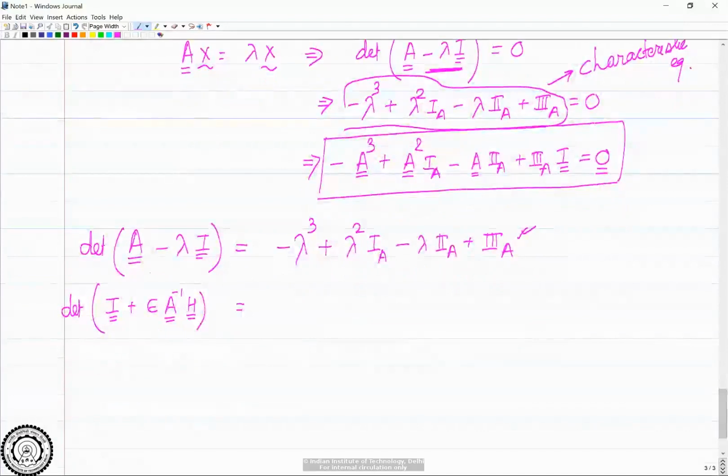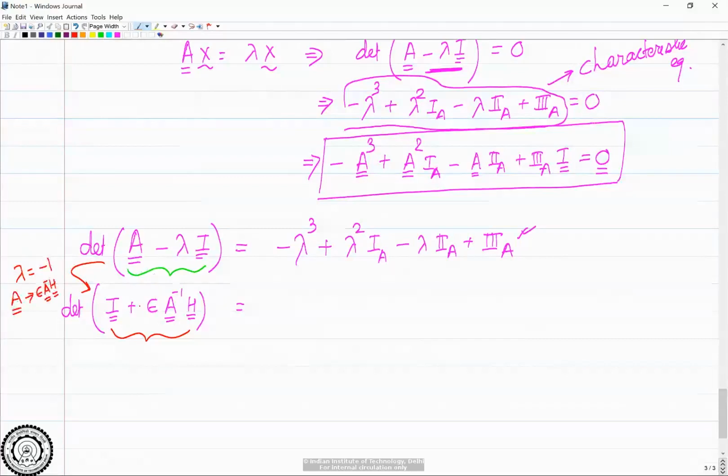Now, if I compare the arguments of this green one and this red one, in going from green to red, if you simply set lambda equal to -1 and make A to epsilon times A inverse H, won't I get the same thing inside?